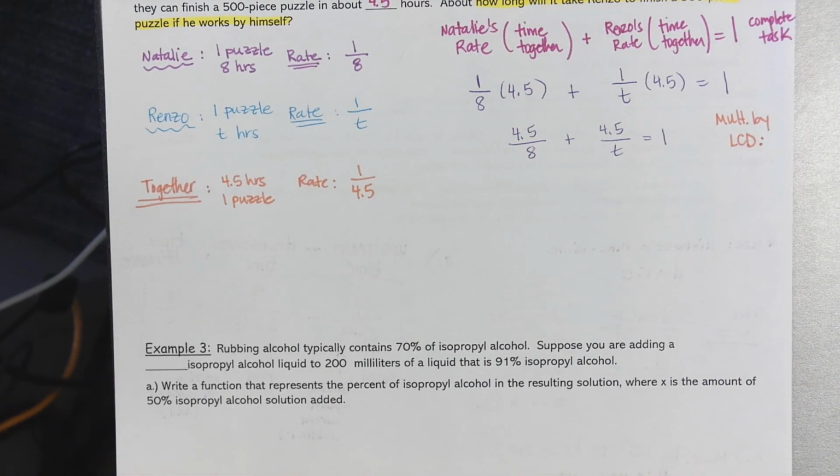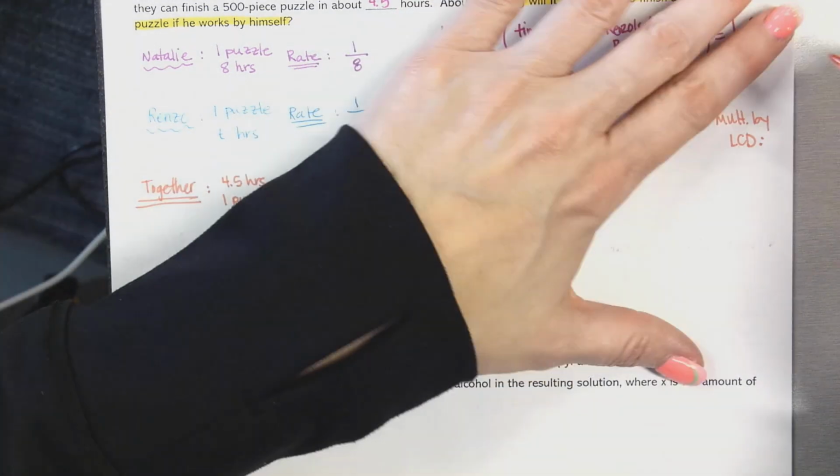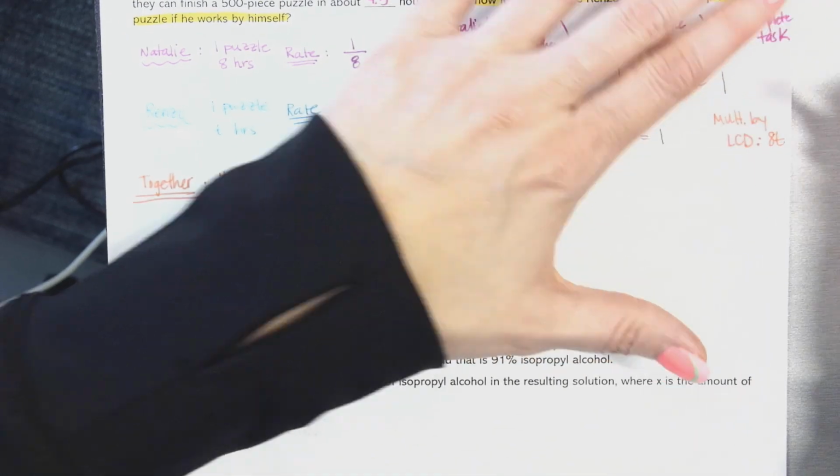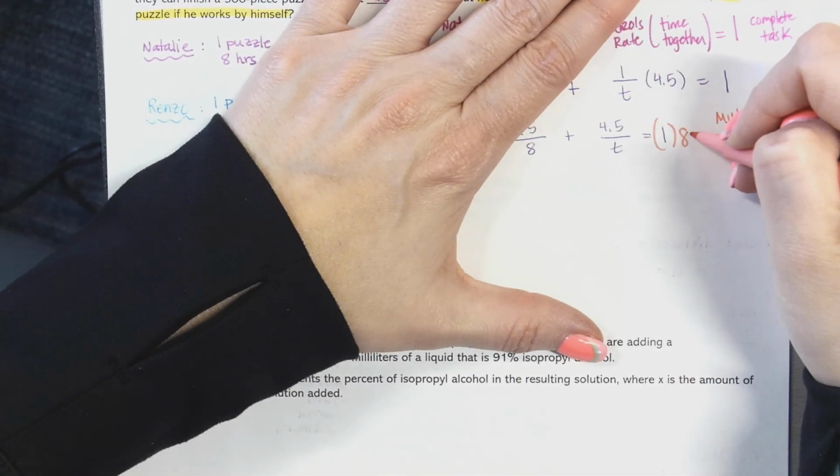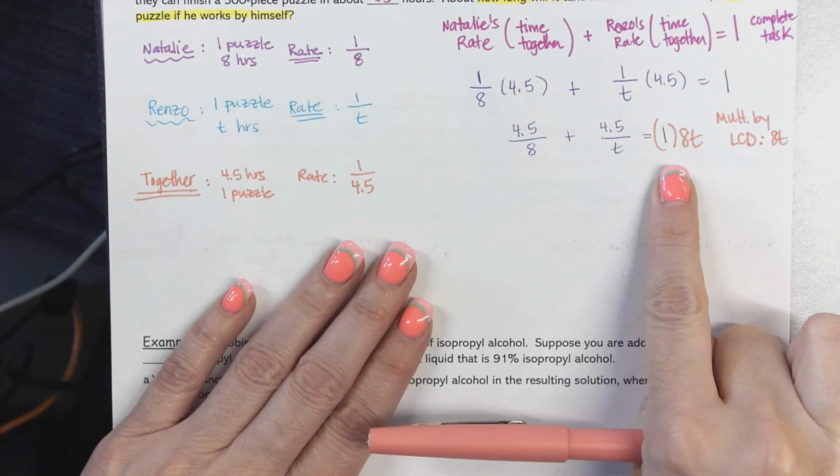And again, if you're having issues with picking out the LCD, we just look at the denominators, right? So what is our LCD going to be for this? 8t. So 8 is in the first one, we need that. T is in the second one, we need that.